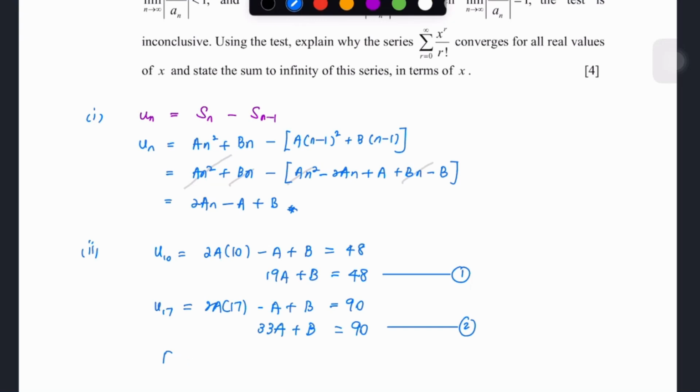If you're lazy, use the GC, but otherwise it's a very easy elimination. So A equals 3, B equals -9. So it's making use of the previous part to put here. Even if this answer is wrong, likely you can get 1 out of the 2 marks. Last mark, the accuracy mark, lost.